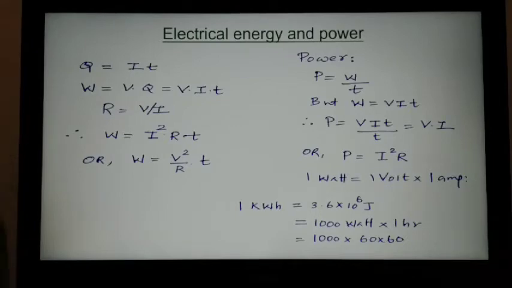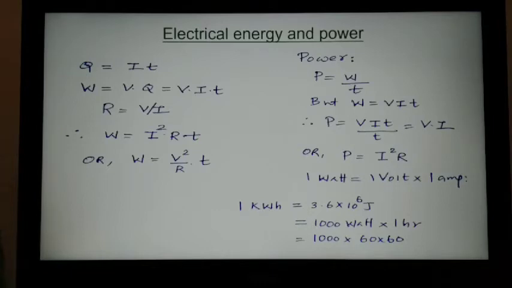So the charge flowing q is equal to I into t. Since the conductor is connected to a cell of potential V, to move a charge q, how much work is required? Work done will be W equal to V into q. That equation we already know.